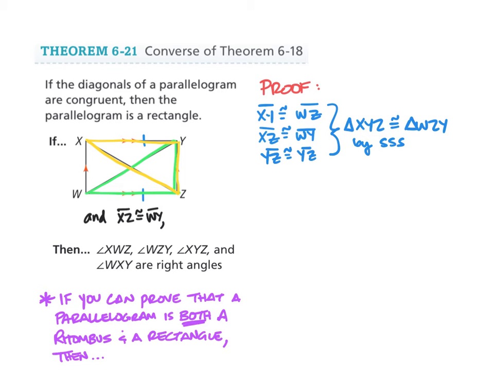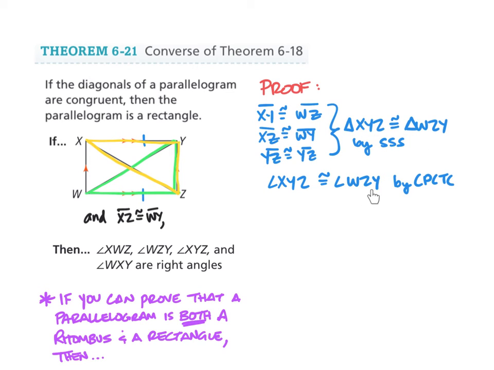And if those two triangles are congruent, then angle XYZ must be congruent to angle WZY. So that's these two angles right here. These two angles here and here are congruent by CPCTC, because they're corresponding parts of two triangles that we just said are congruent, so they must be congruent to each other.